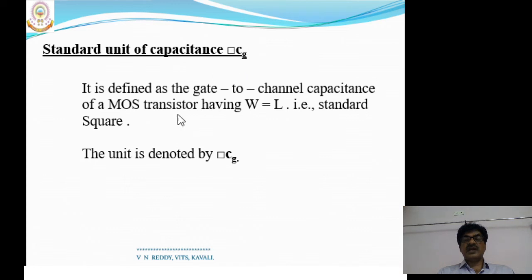It is defined as the gate to channel capacitance of a MOS transistor which has equal length and width. That is a standard square transistor, and the unit is denoted as square Cz.